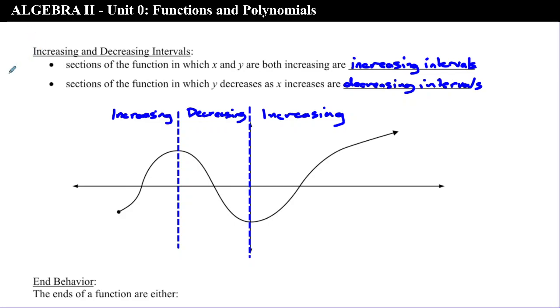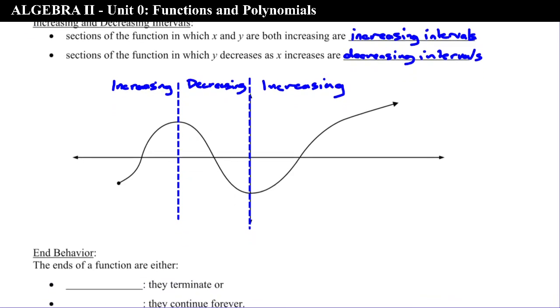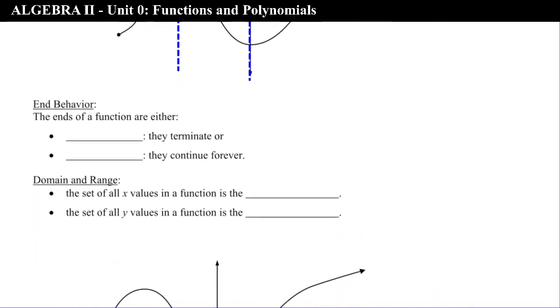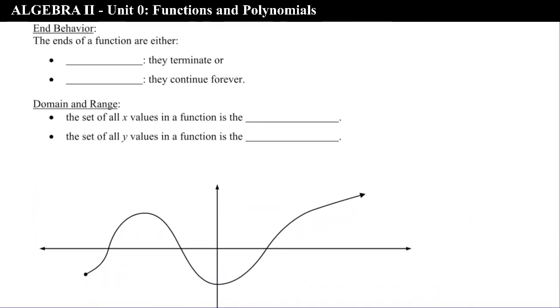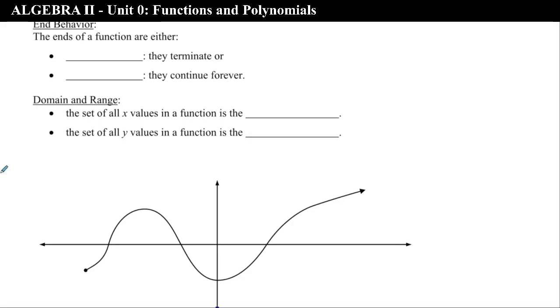Now, we talked about it a little bit, and this is what's happening when we have an arrow on the end. This gets us into end behavior, okay? So the ends of a function do one of two things. They're either definite, which means they terminate, or they're indefinite, meaning that they continue forever.